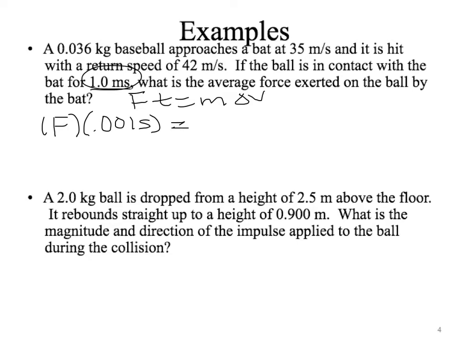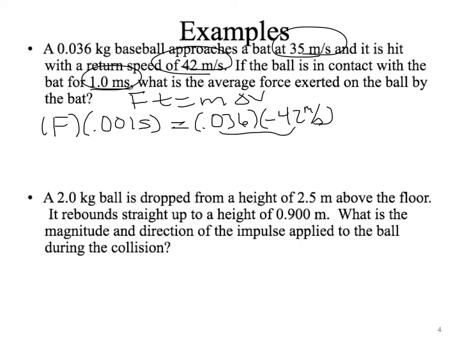We're going to go final minus initial. So I'm going to put 0.036 kilograms. The final velocity is a negative 42 meters per second because I'm returning. So if I'm going to the right at 35, I'm going to the left at negative 42. So final momentum minus initial momentum, and the initial momentum is 35.